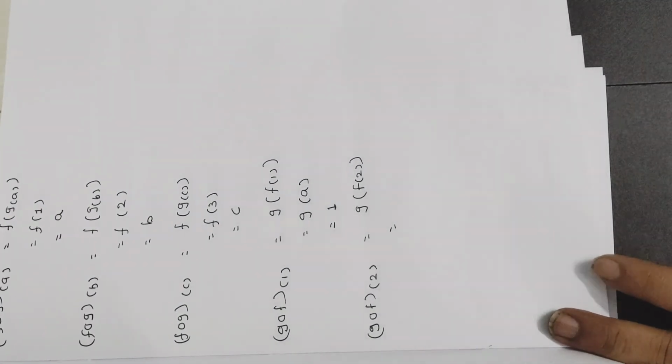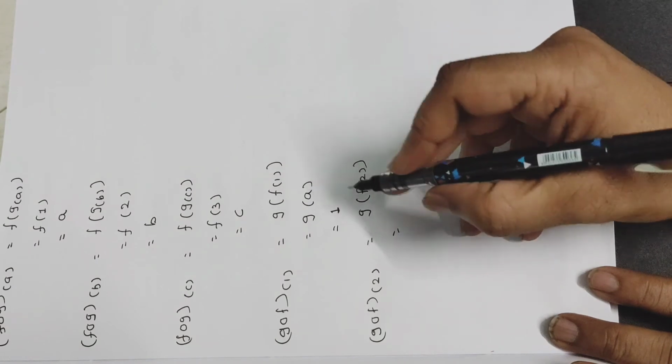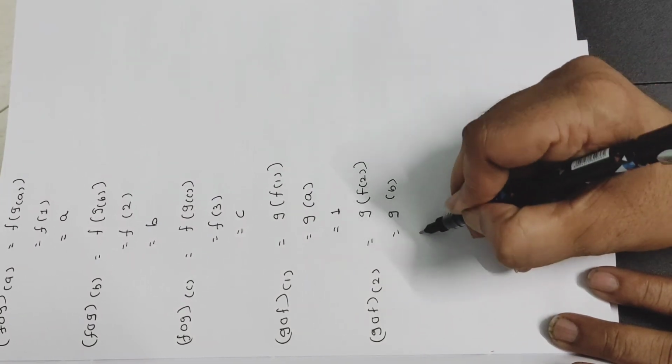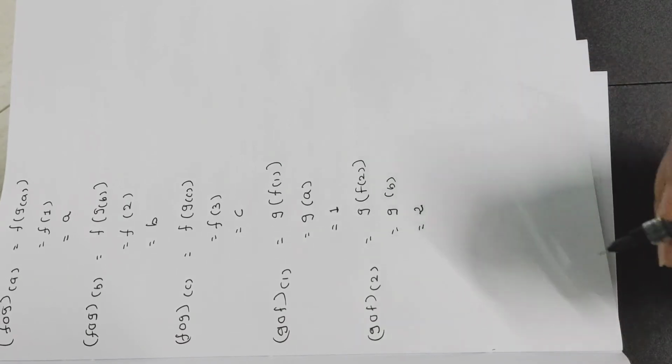Same way, g∘f(2) is g of f(2). f(2) is B and g(B) is 2.